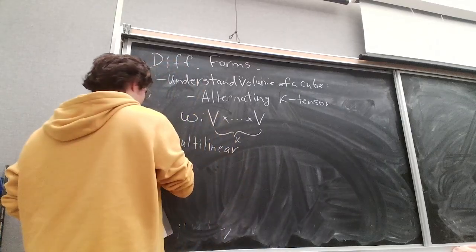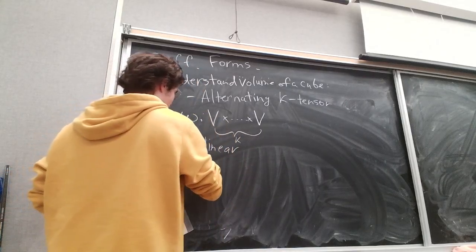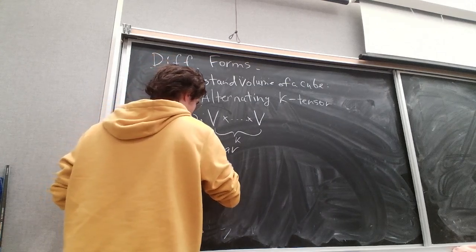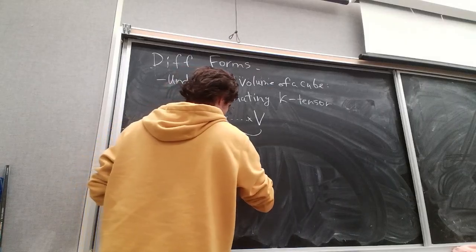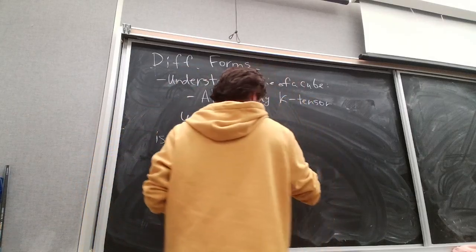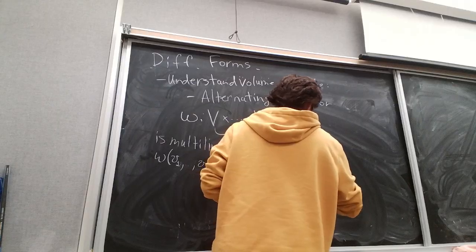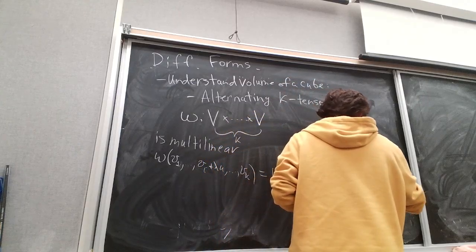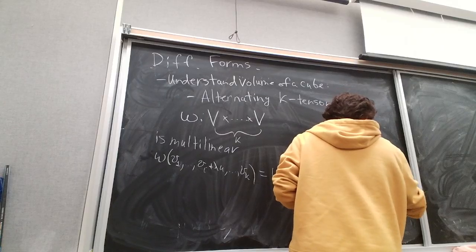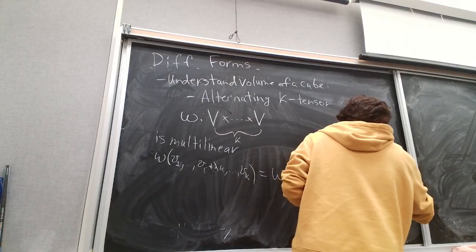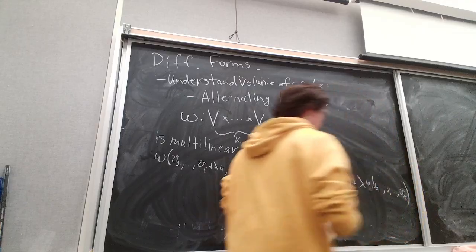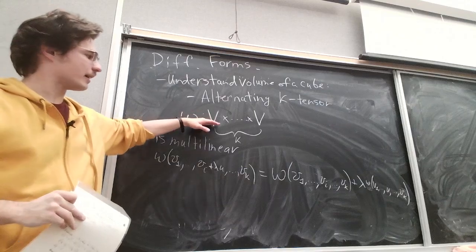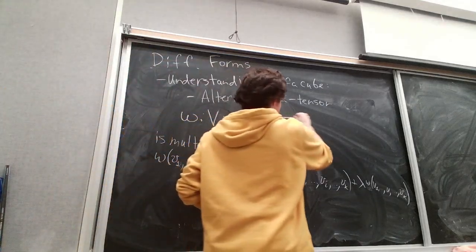Meaning that omega of v1, ..., vi plus lambda u, ..., vk is equal to omega of v1, ..., vi, ..., vk plus lambda omega of v1, ..., u, ..., vk. So it's just linear in each entry. Does that make sense? It takes in k vectors, is linear in each entry, and it outputs a number.